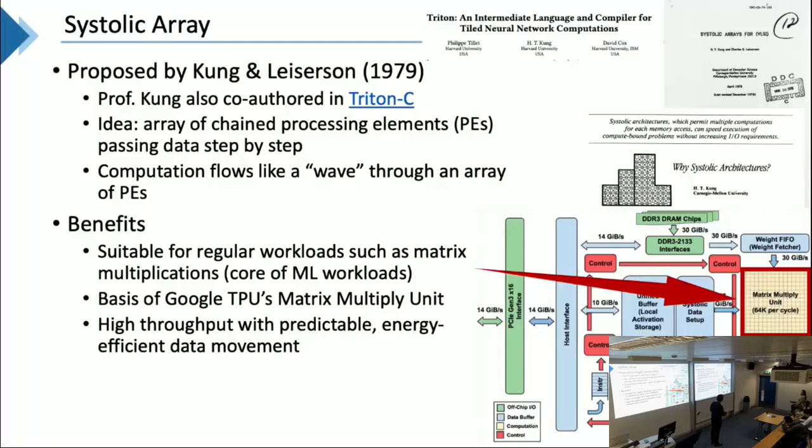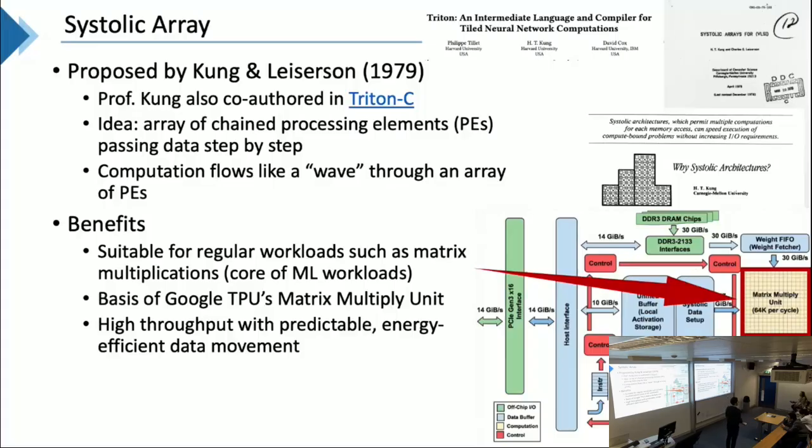So today we will introduce this matrix multiplication unit, which adopts a very classical computer architecture called the systolic array. The systolic array was invented back in 1979, and its author is also the author of Triton C. So this is a bit of history. The idea of the systolic array is, instead of designing my processing units or my matrix multiplication unit in one row, can we arrange them in a 2D array?